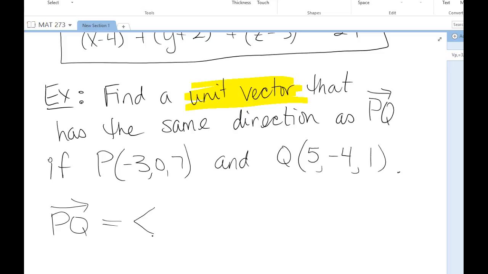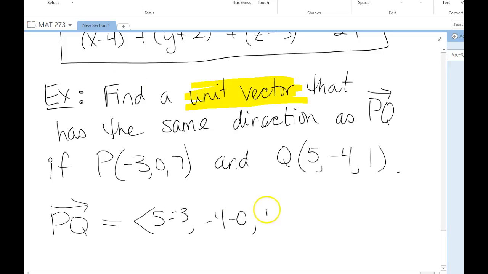So they just gave us coordinates in space. We need to turn it into a vector as our first step. So terminal point minus initial point. We're going to do 5 minus negative 3. That'll tell us how our x coordinate changed. Negative 4 minus 0 will tell us how our y coordinate changed.